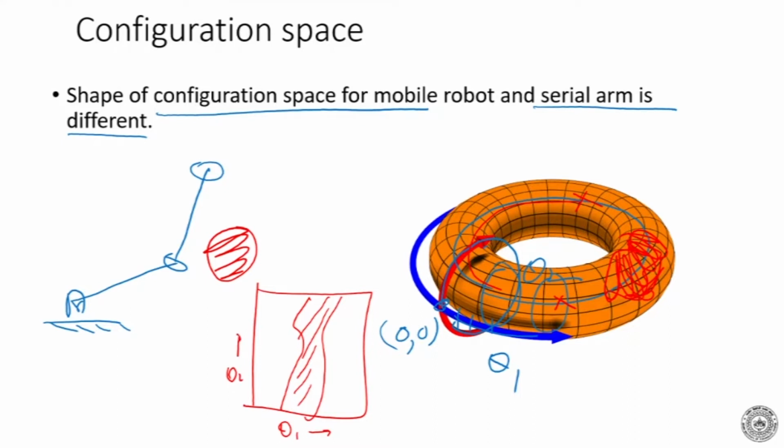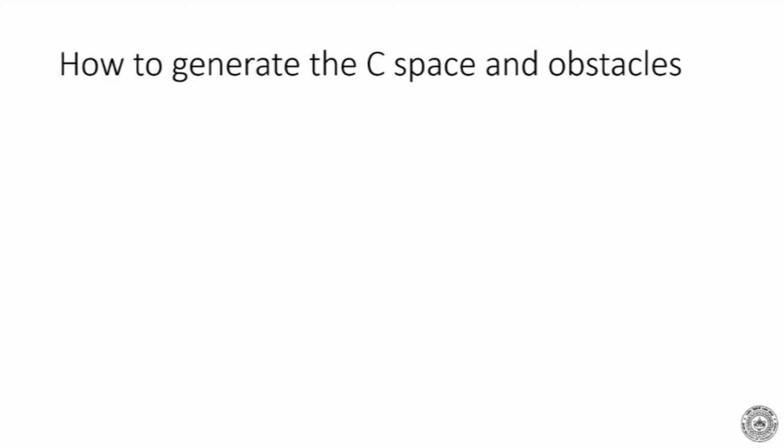So how to generate the C space and obstacle space? Basically, we write a program. You can write it in MATLAB, in C or C++, or whichever language you want, or Python.